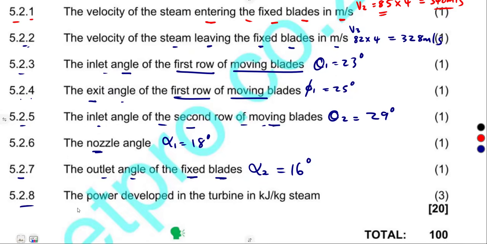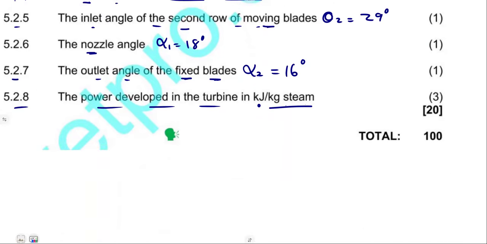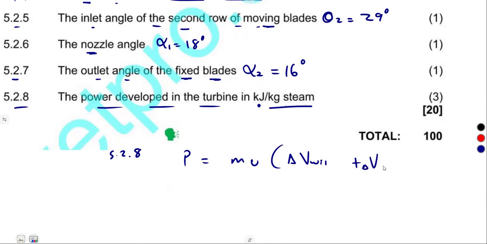Then 5.2.8, the power developed in the turbine in kilojoules per kilogram steam. Once you're given this power, the mass is not to be considered. Then we need the total of the wheel velocities for both diagrams, and this U must be in meters per second.